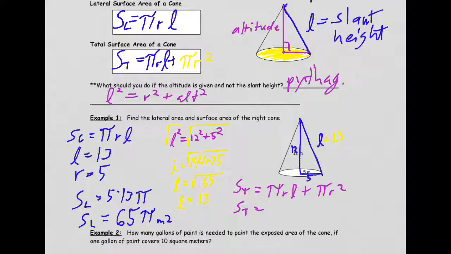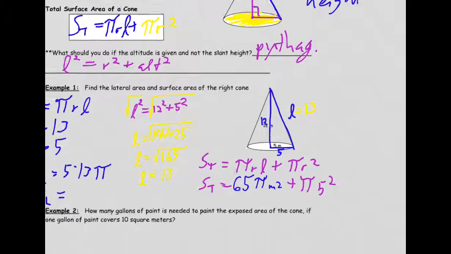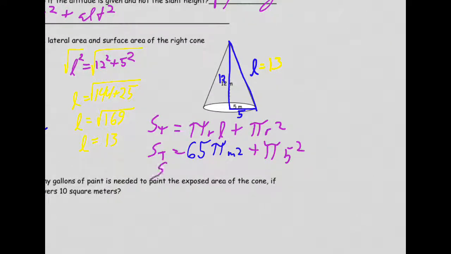So I'm just going to bring that over to this area, plus pi r squared, that's just 5 squared. And what is 5 squared? 25. ST equals 65 pi plus 25 pi. And since they're both pi, I can actually add them together. So I get 90 pi meters squared.